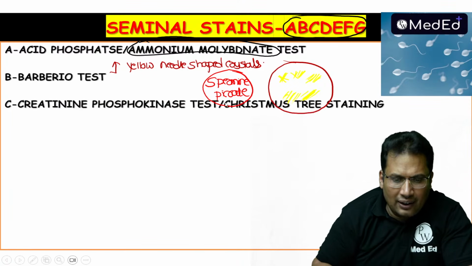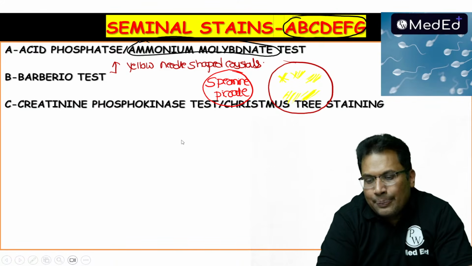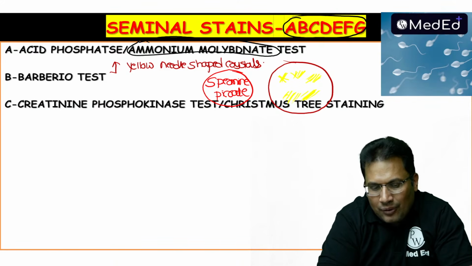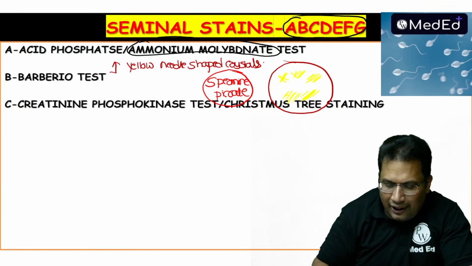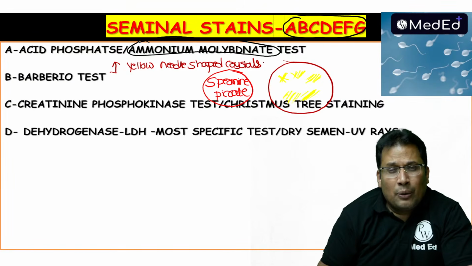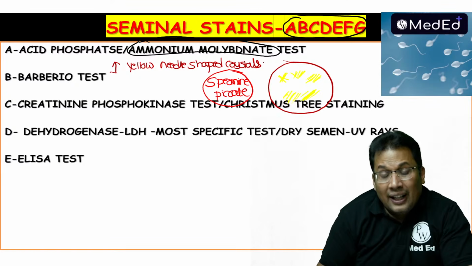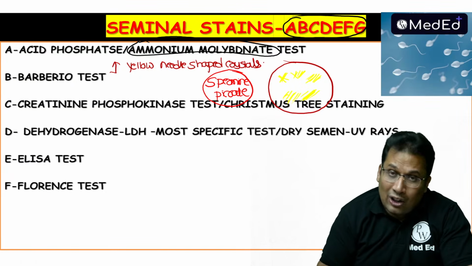Then creatine phosphokinase test. C for Christmas tree staining, D for dehydrogenase, that is lactate dehydrogenase, one of the most specific enzymes, or by using UV rays. E for ELISA test, F for Florence test.